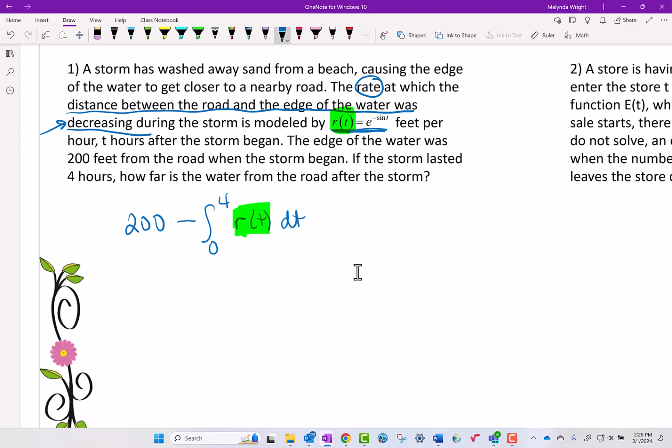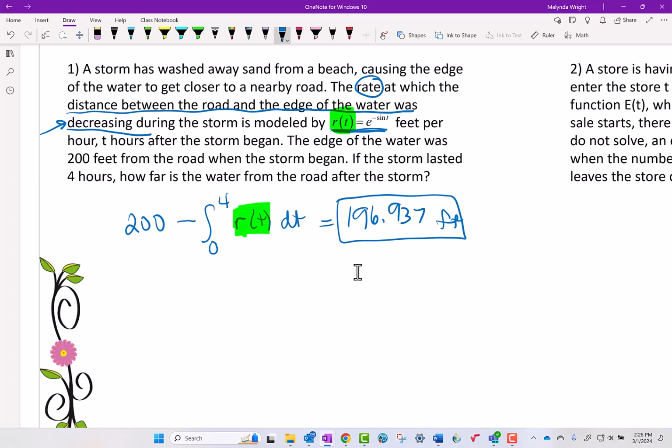So we would prefer to use the name. All right, so I would put this in my calculator. This is 200 minus the integral from 0 to 4 of this rate, and that's going to give me 196.937 feet.